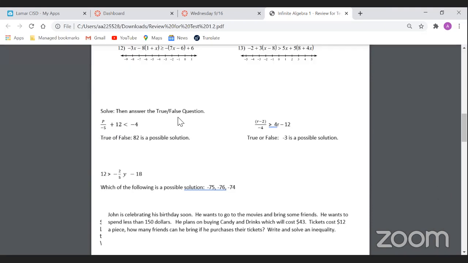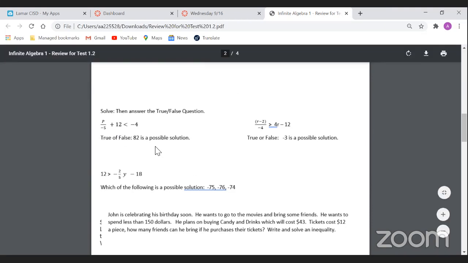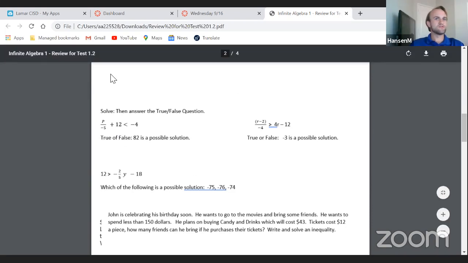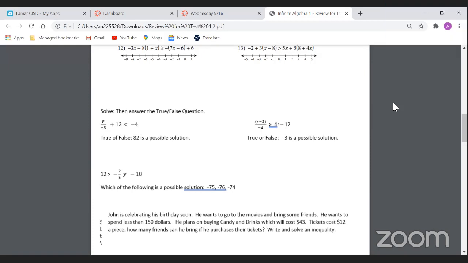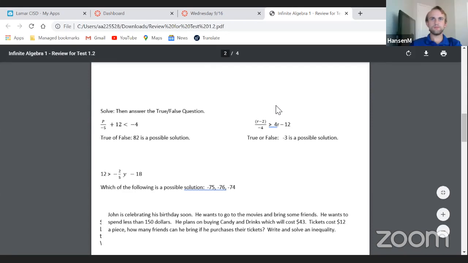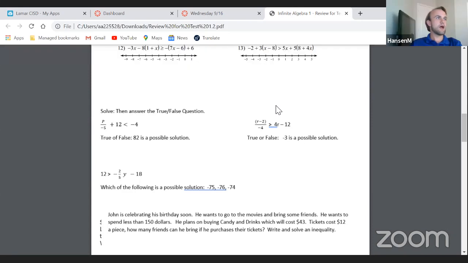Could we try one of these? Yeah, let me just snip them all. If I'm thinking through this right, these true or false might actually be a lot easier.